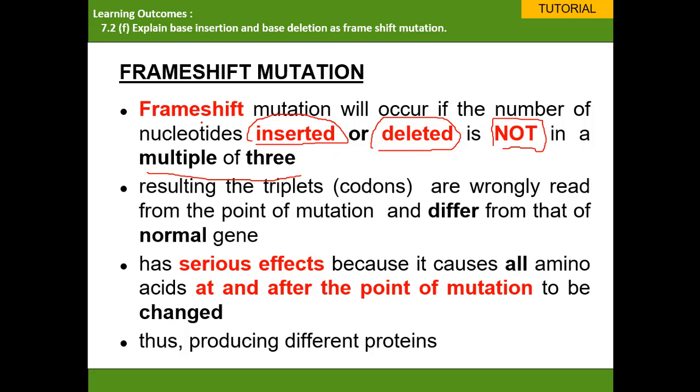Come again. Frame shift mutation will occur if we add or delete 1 or 2 nucleotides. But if we insert or delete 3 nucleotides, frame shift mutation will not occur.